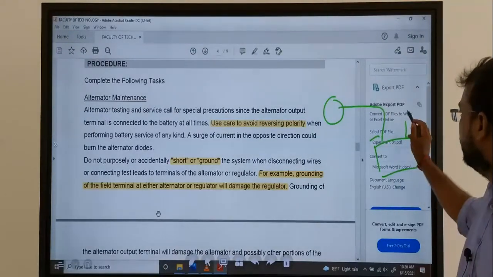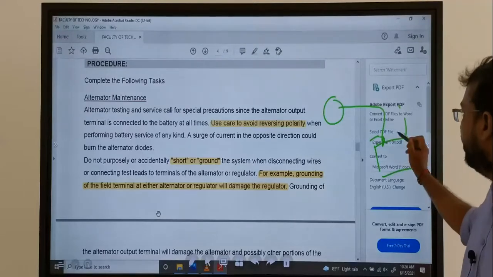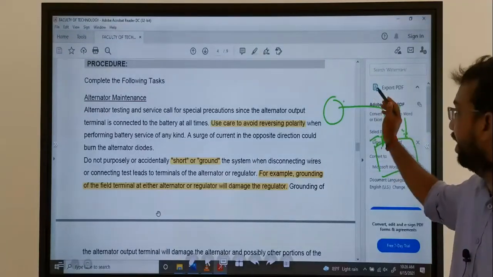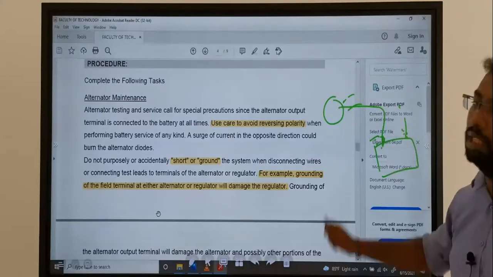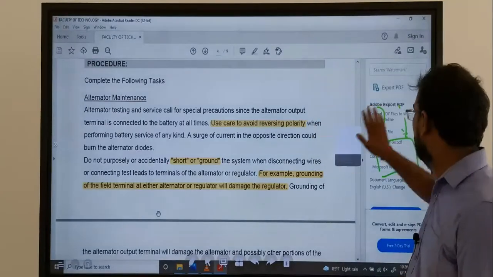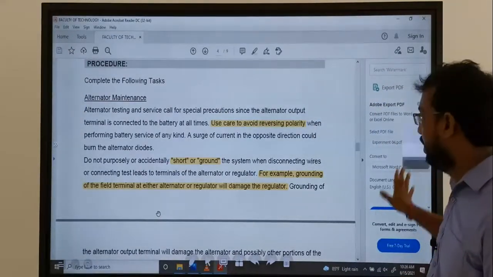The other point is, what will happen if we change the terminals of the battery, or connect the wires in the wrong terminal of this alternator? The alternator is going to blow or be damaged.